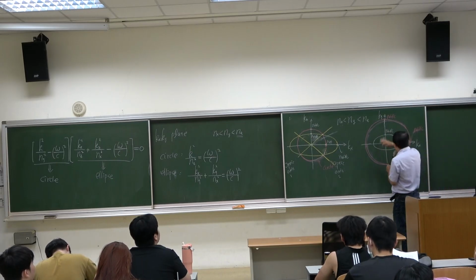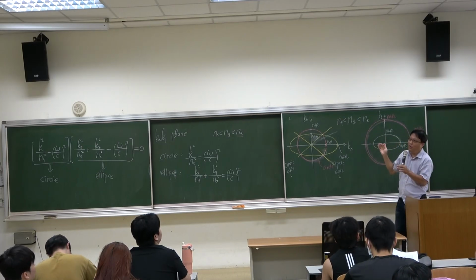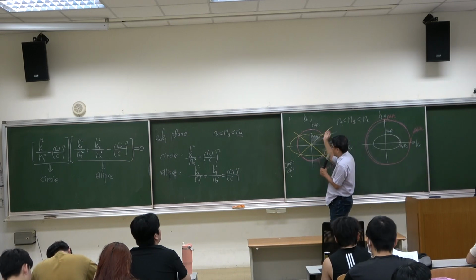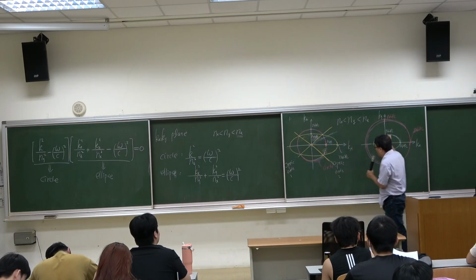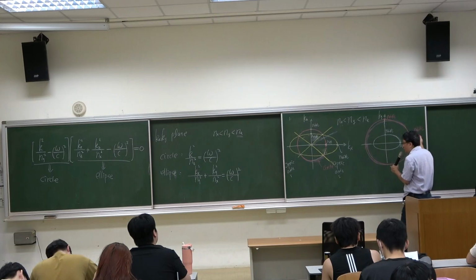So now at the kx, ky plane, you have no optic axis. Okay? Optic axis means the intersection of the circle and the ellipse. But now there is no intersection anymore between these two curves.